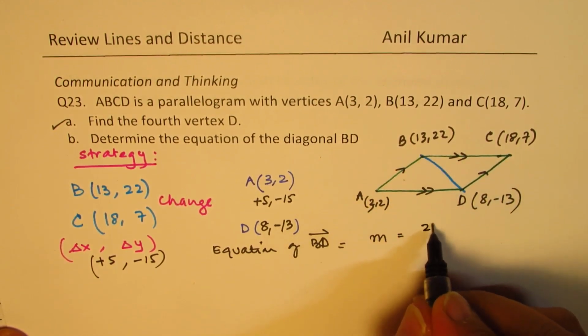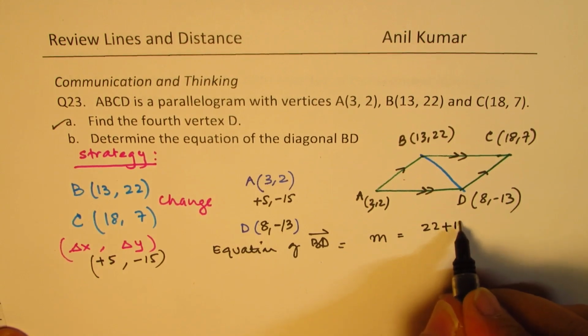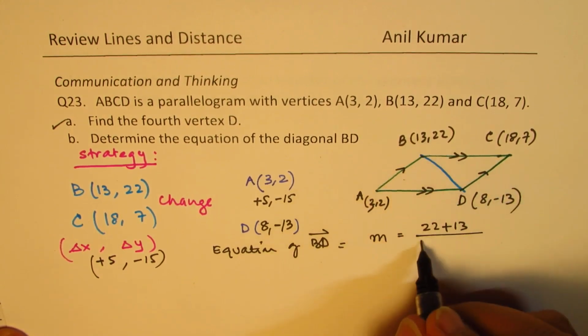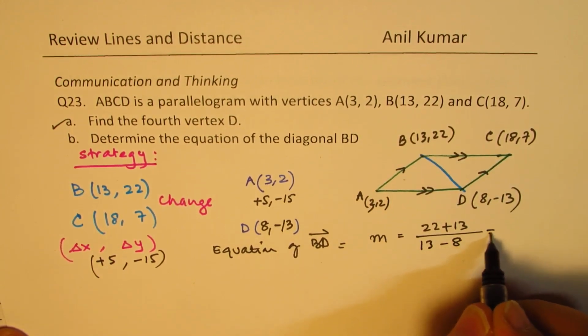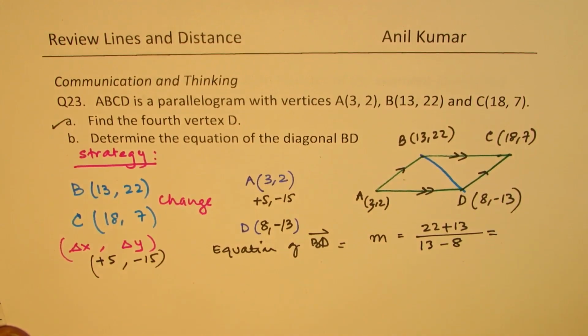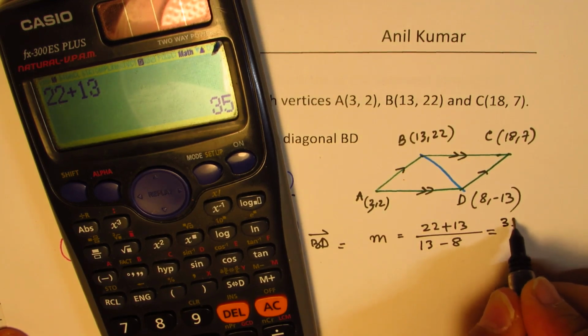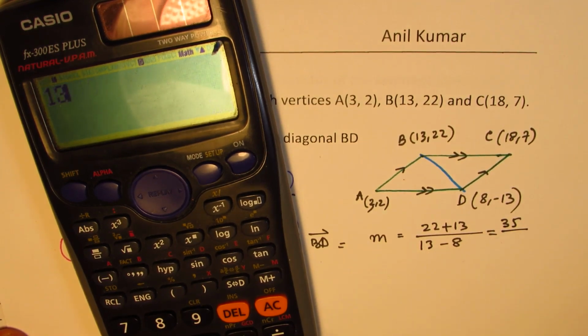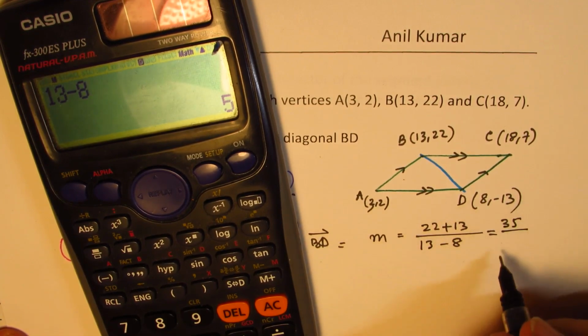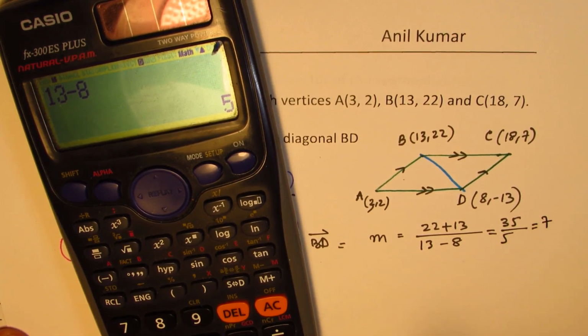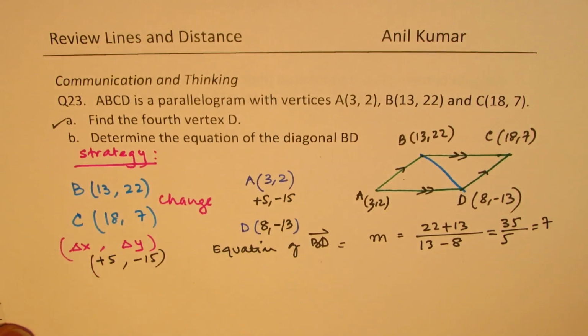So let's do 22 minus (-13), so we'll add this up. And here is 13 minus 8, right? So let's use the calculator now. So we have 22 plus 13, which is 35, divided by 13 minus 8, which is 5. So that gives you 7. So that is the slope.